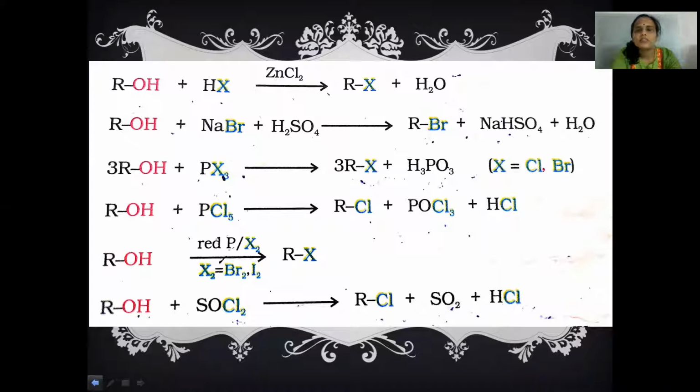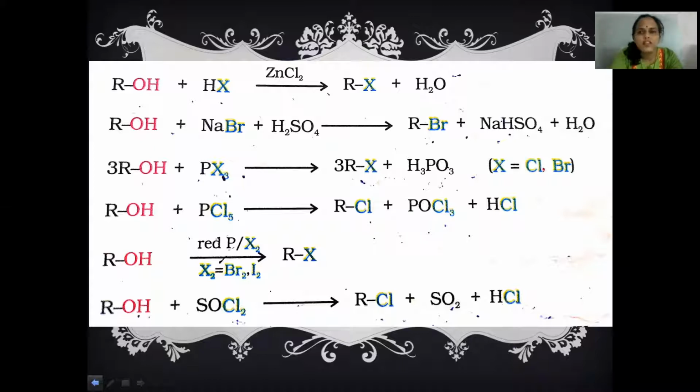This reaction is also used to differentiate primary alcohols from secondary and tertiary alcohols. A mixture of concentrated solution of zinc chloride and HCl or HBr is called Lucas reagent. When an alcohol is treated with Lucas reagent, it gives alkyl halide plus water.